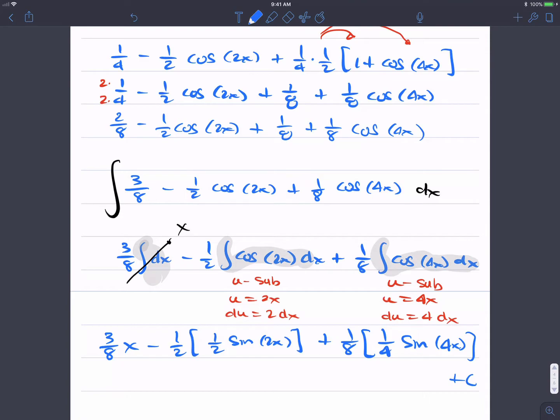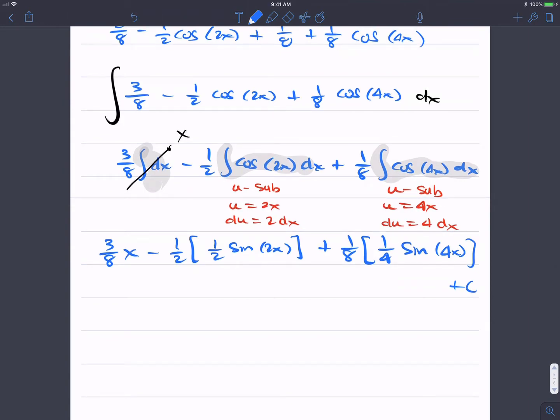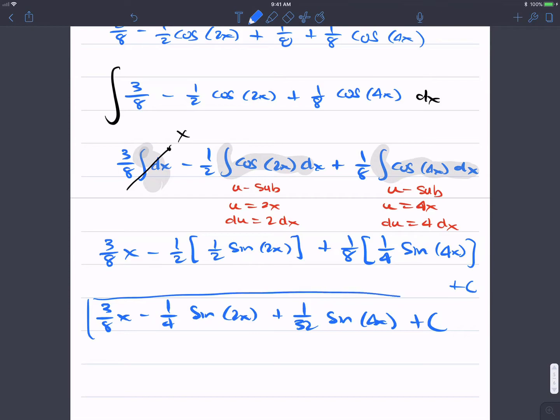And yes, don't forget to add that constant. So we did u sub for the last two integrals. We're going to end up with now 3/8 x minus 1/4 sine 2x plus 1/32 sine 4x plus some constant c.